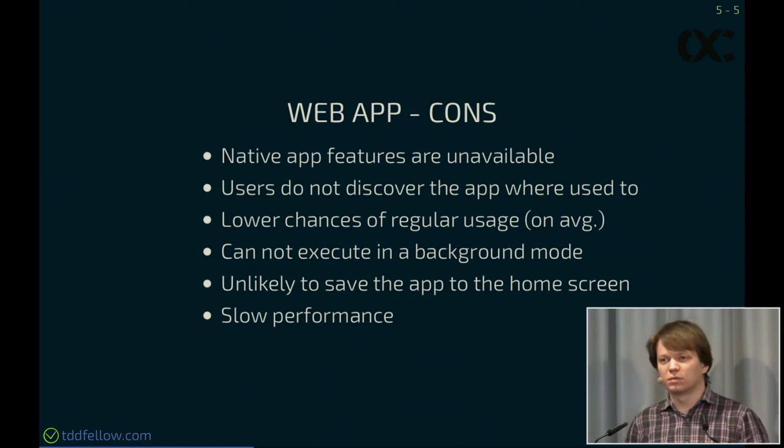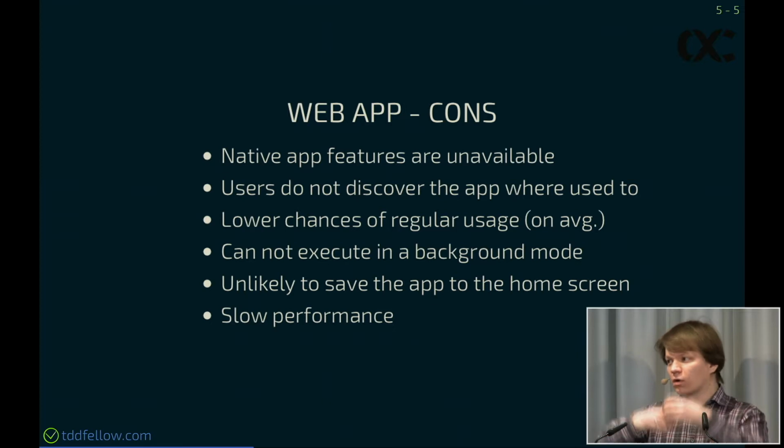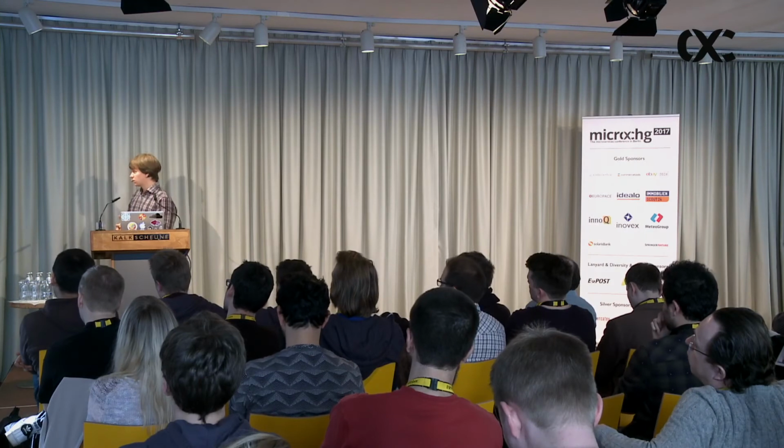Like, for example, if you have some analytics application that wants to show you some graph, it will be slow, it will be not very native. So the user will not like this application. The UX experience will be very troubling.